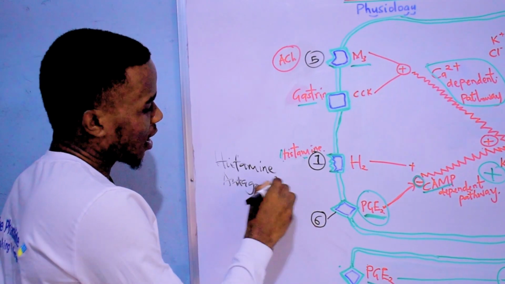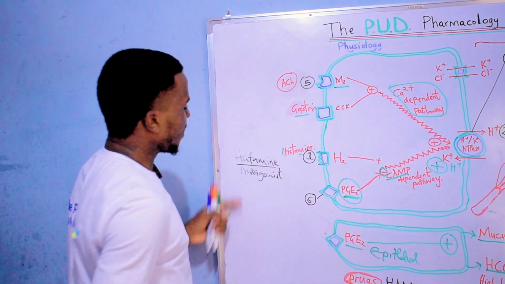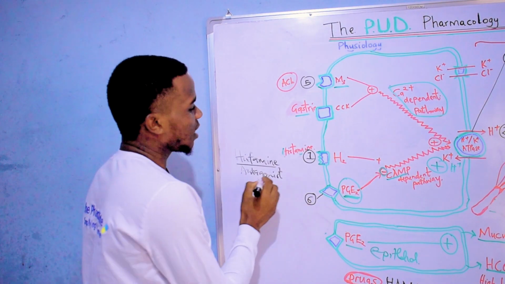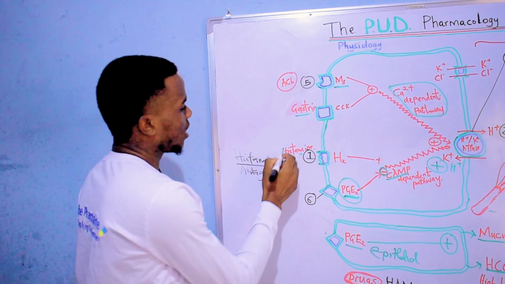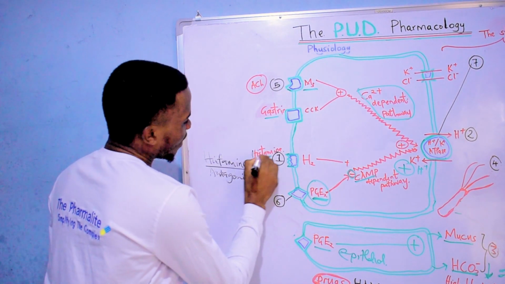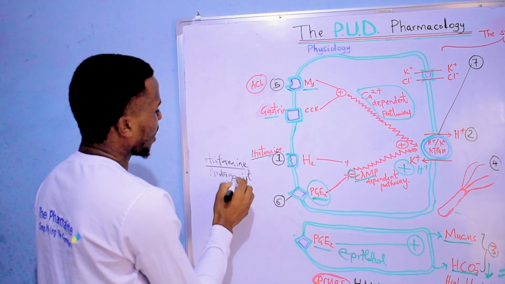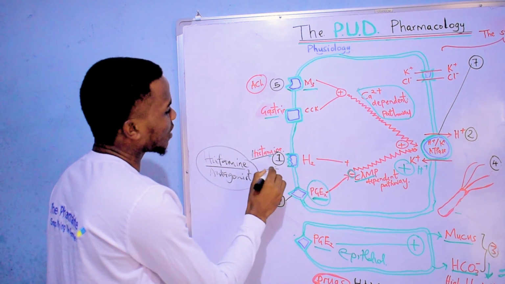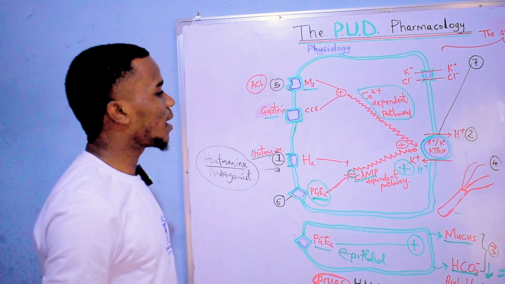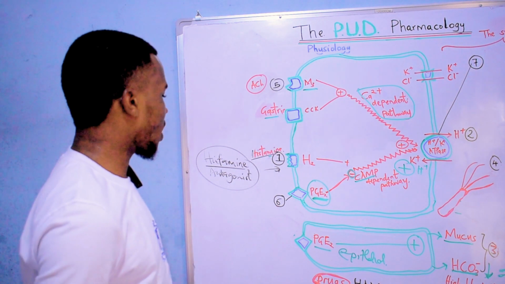So this one will help you so easily to remember the mechanism of action. So what histamine antagonist does is that it competitively inhibits the histamine receptor. So the histamine that was supposed to bind here and now stimulate the whole pathway, an histamine antagonist comes and binds and does not stimulate the pathway, and therefore ultimately there will be no production of hydrogen ions.